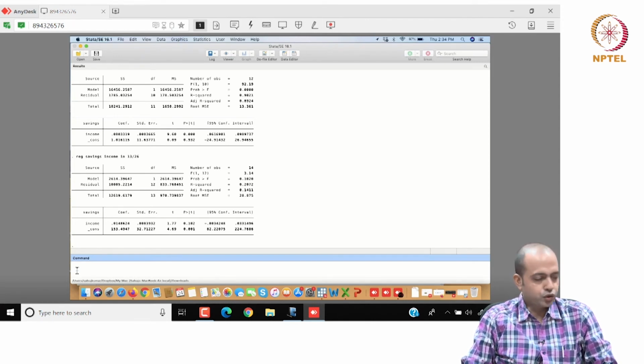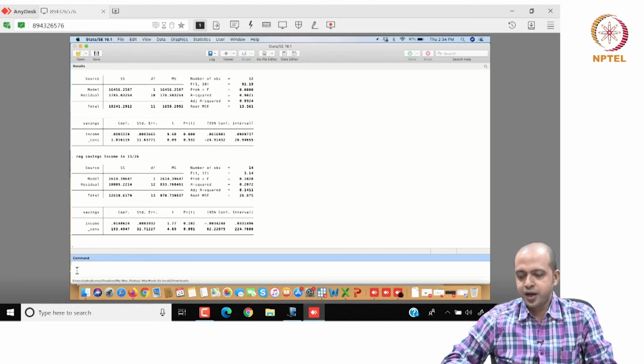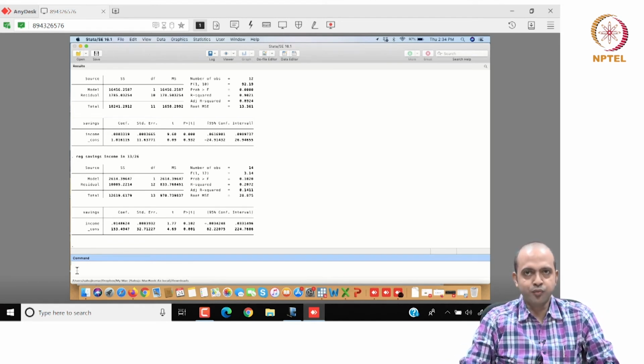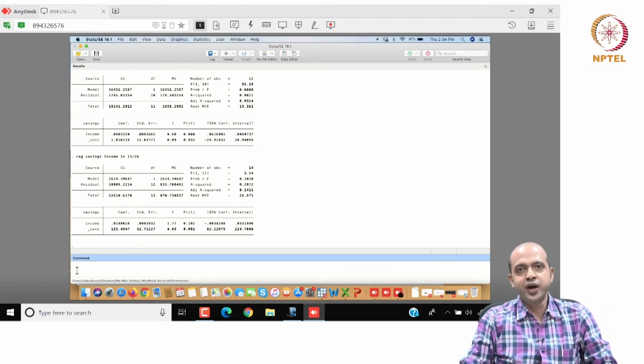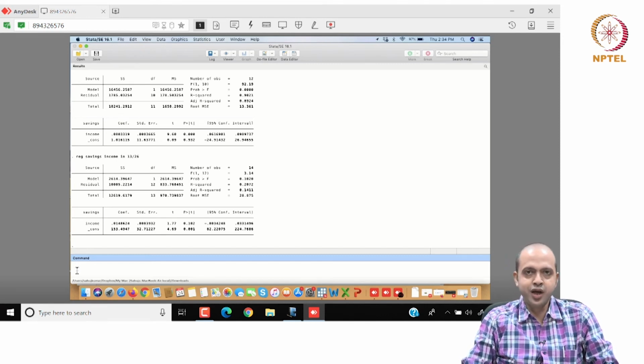So, what we have to do is take the RSS from the two models and the RSS from the combined model, and then divide the numerator and the denominator by their respective degrees of freedom to arrive at the F statistic.